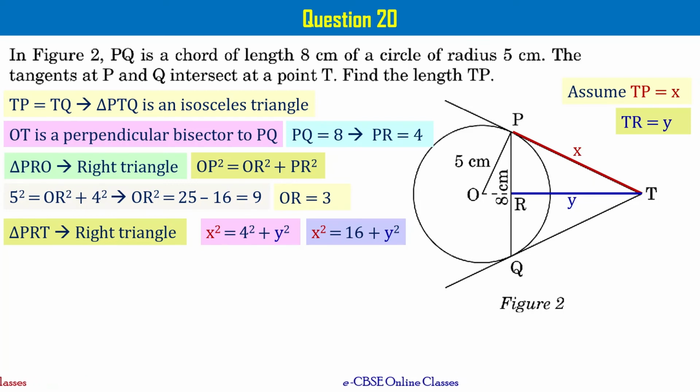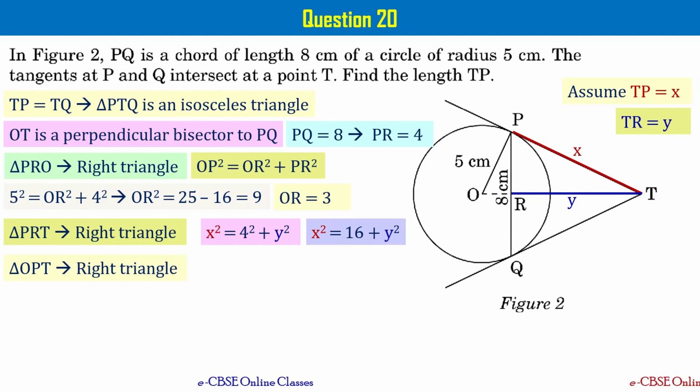Let's observe the figure again. You can say that triangle OPT is also a right triangle, right? Line OP is the radius from point P where the tangent is touching the circle. It means OP is perpendicular to tangent TP, so angle OPT is 90 degrees. That's why this is a right triangle.